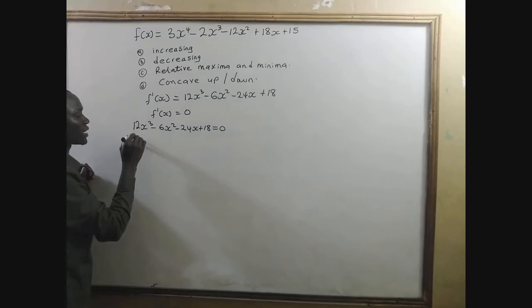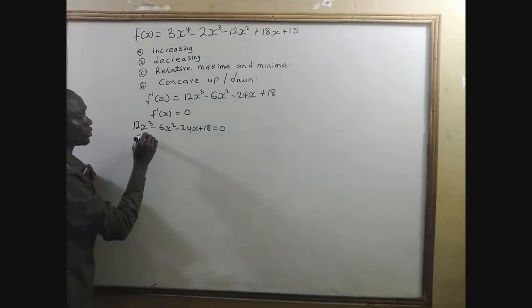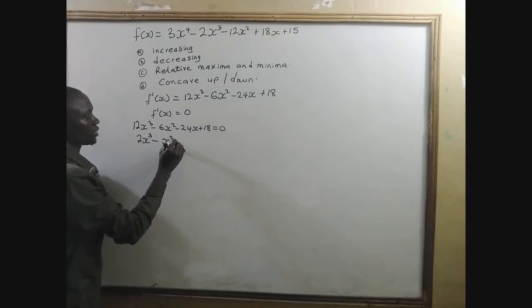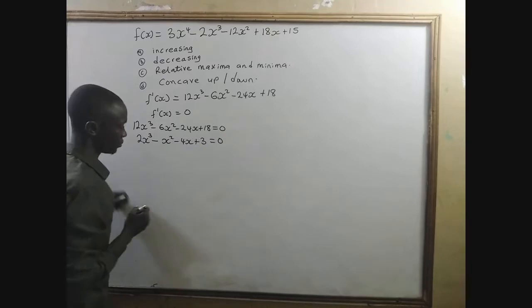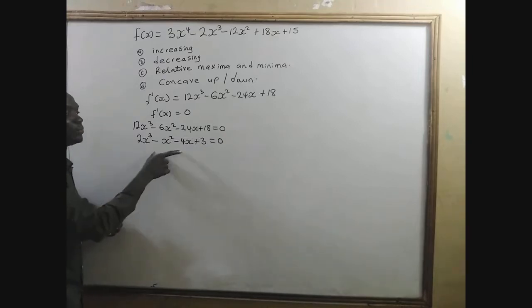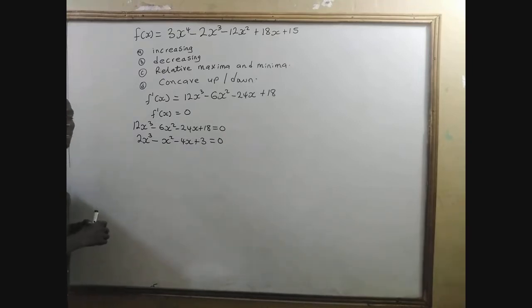So if we divide here by 6, we get 2x cubed minus x squared minus 4x plus 3 equal to 0. Now this is a cubic function. So let's try and put in some values of x to check if you get a factor.